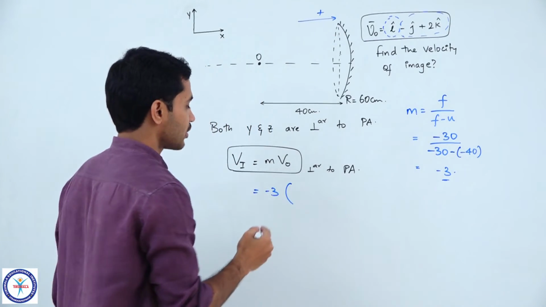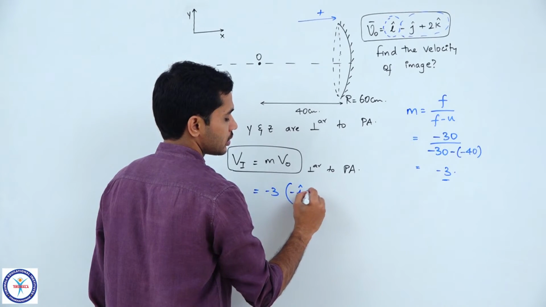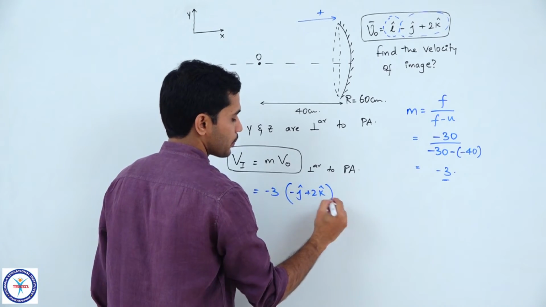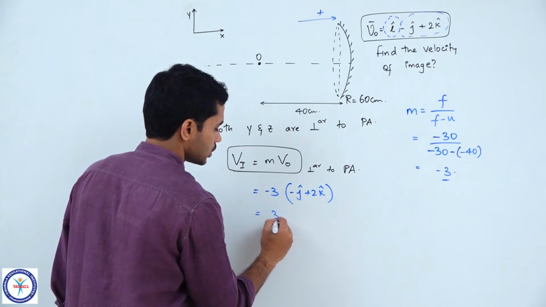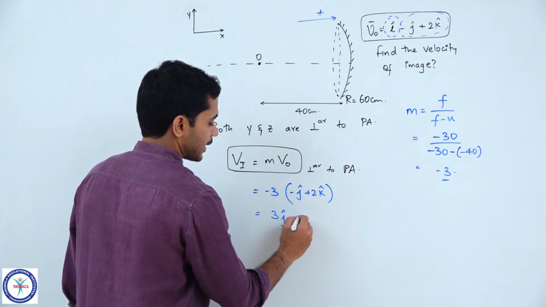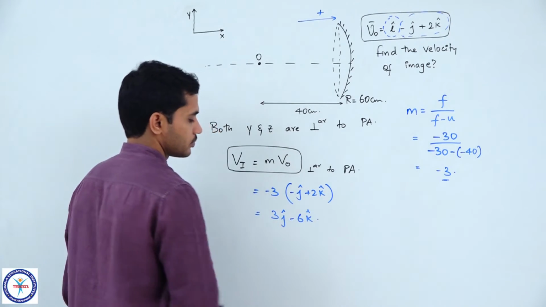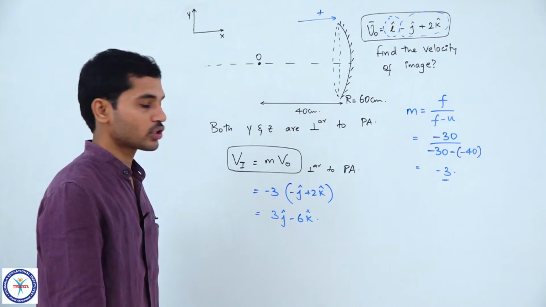So, I will substitute the object's perpendicular velocity, which is minus j cap plus 2k cap. Solving this will give me 3 j cap minus 6k cap. That would be the velocity perpendicular to the principal axis for the image.